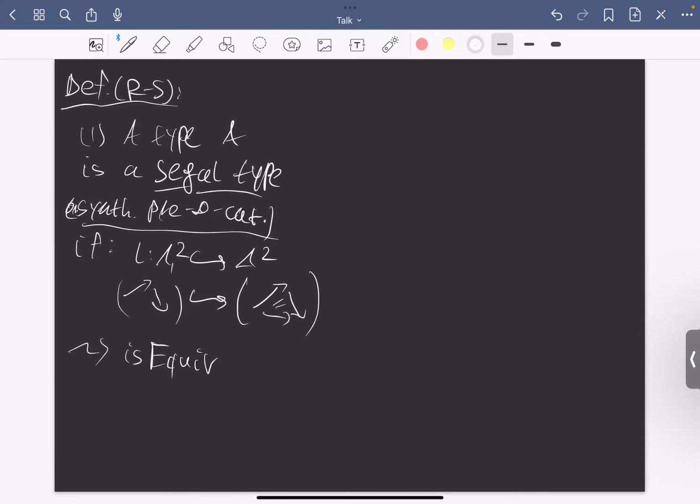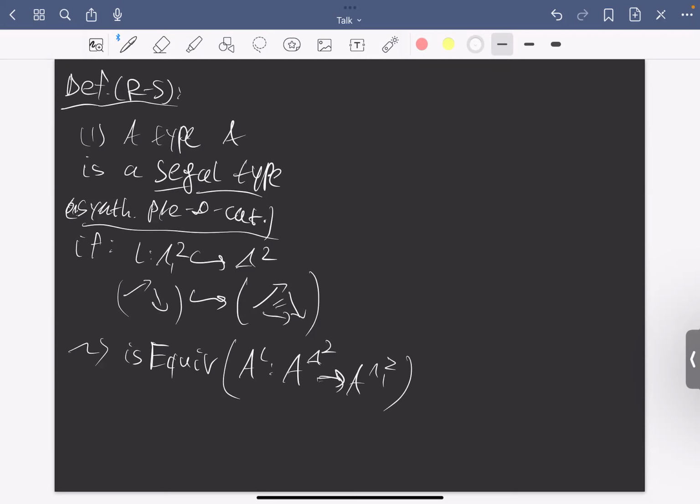So when looking at this inclusion, the following map is an equivalence, namely the map that we get when we exponentiate A with this inclusion. In other words, the restriction map from triangles in A to pairs of composable arrows in A is supposed to be an equivalence.